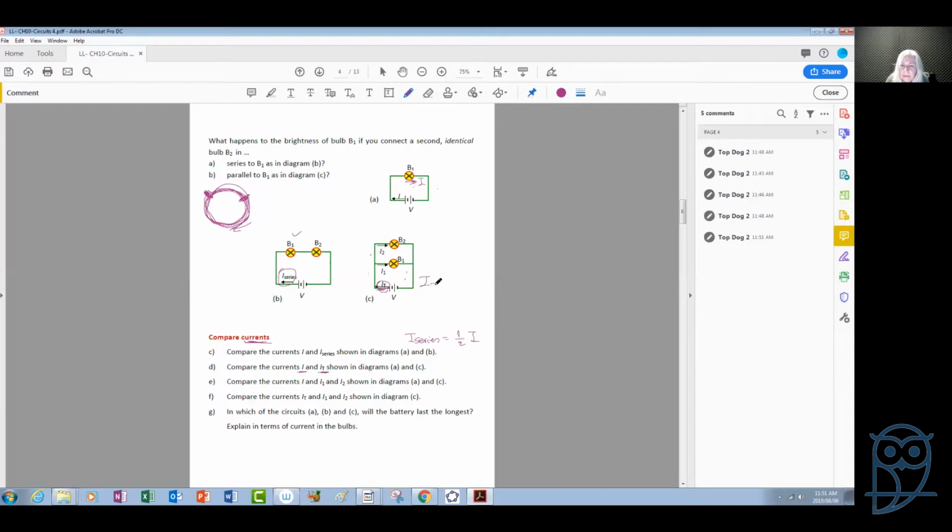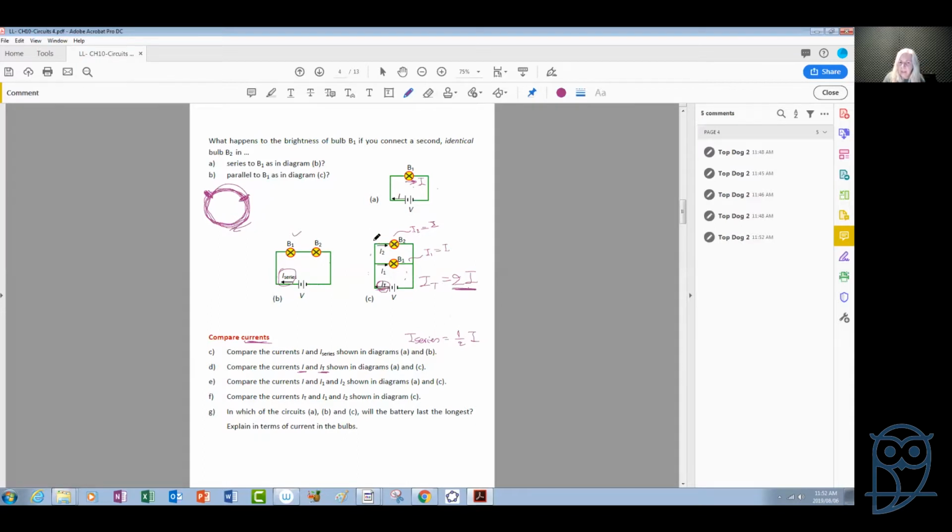So this I total in the parallel connection is actually two times this I. Okay, and of course, where we have the bulbs by themselves, this current I1 in bulb B1 is equal to this current I, and the current I2, which is in the bulb B2, is equal again to I. And that is why if we add this together, the total current, the current that is in the battery, in the main branch, is two times the current.